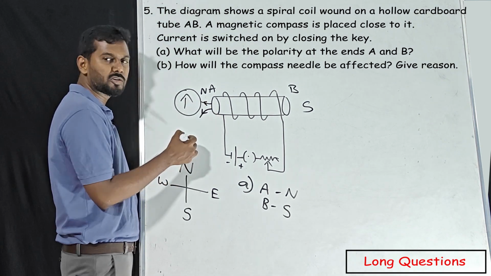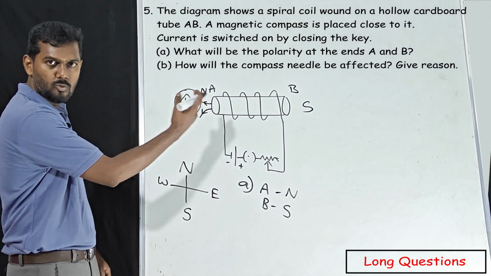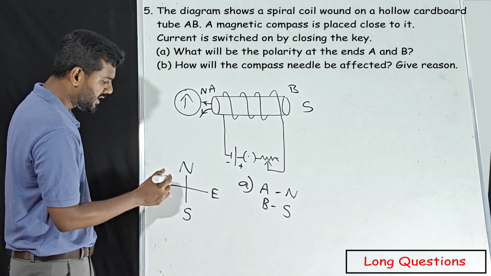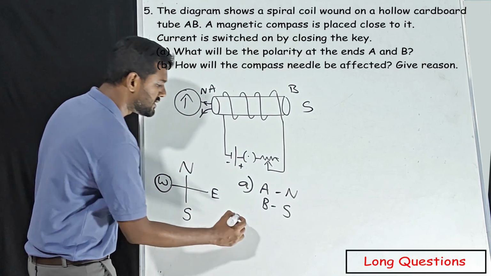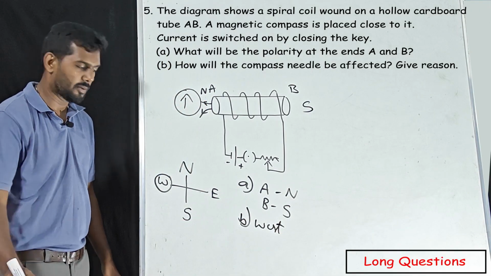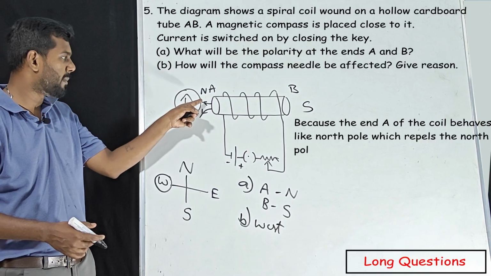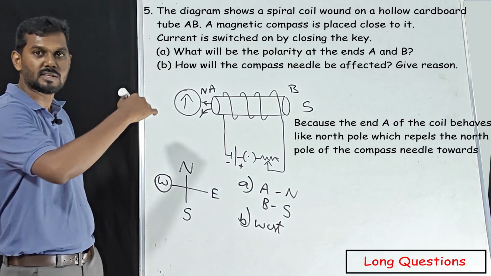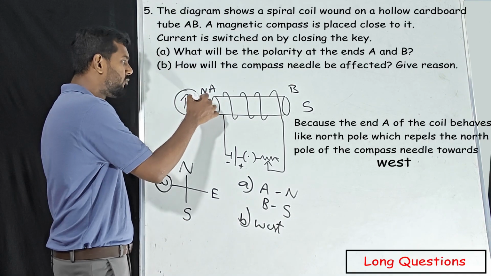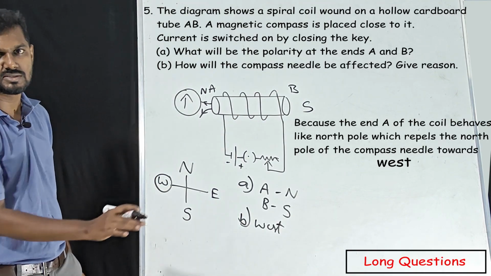So this is pushing the compass needle towards the left side. Left side is west. So the answer is west, because the end is north, and we know the magnetic field lines from a bar magnet move from north to south. That will push the needle to the west side.